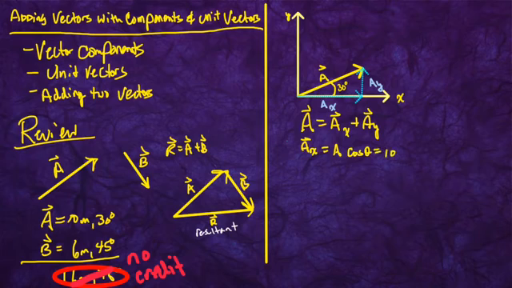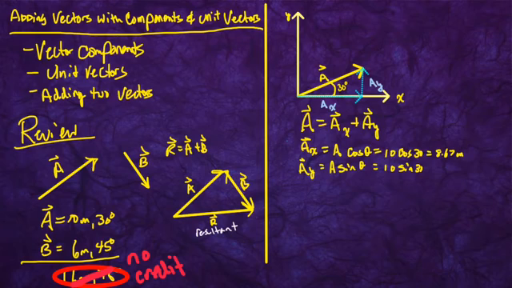Okay. So it's going to be 10 times cosine 30, which equals 8.67 meters. Okay, then we do the same thing with AY. It's going to be A sine theta, right? Because it's the other one. It's the vertical one. And that's going to be 10 times sine of 30, which is just half of 10, so it's going to be 5 meters.